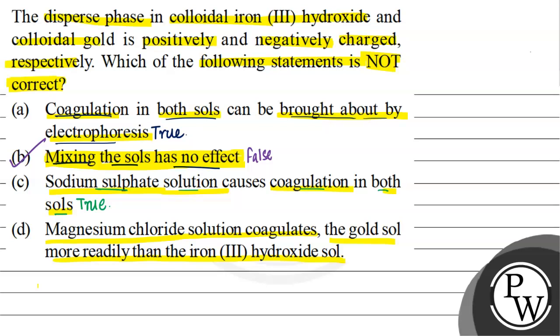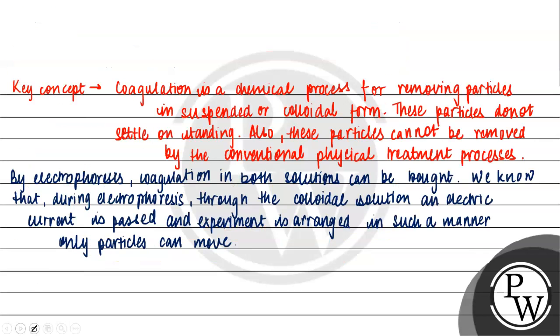नाउ लेट अस टॉक अबाउट द डी पार्ट. डी पार्ट हमारा कह रहा है मैग्नीशियम क्लोराइड सॉल्यूशन coagulates the gold salt more readily than iron 3 hydroxide salt. So let us discuss this.